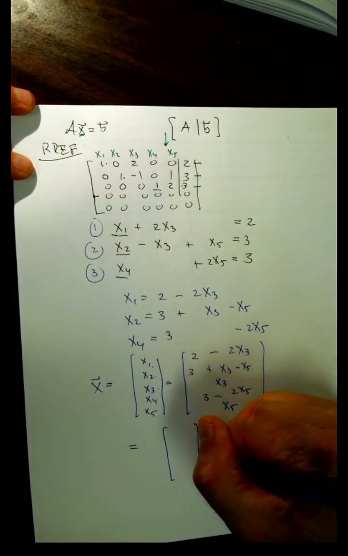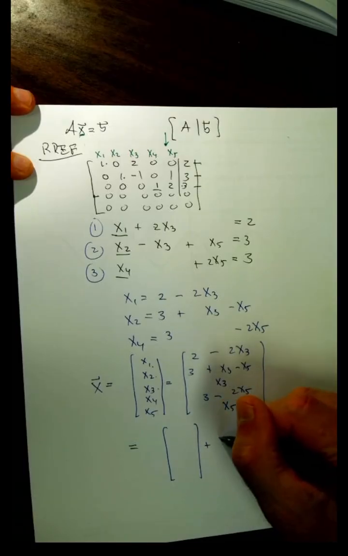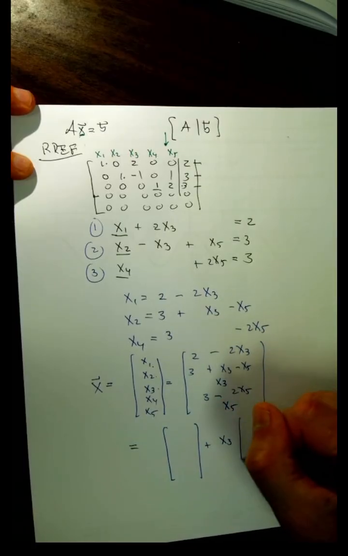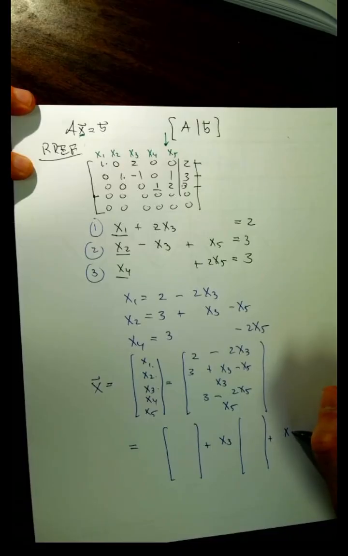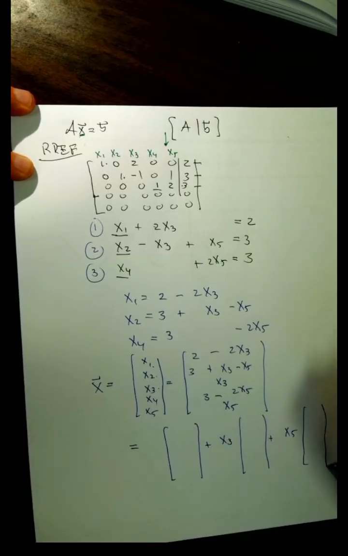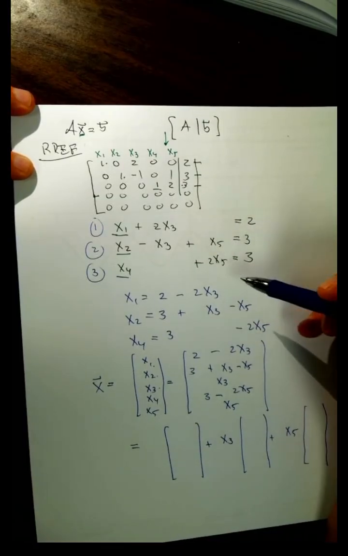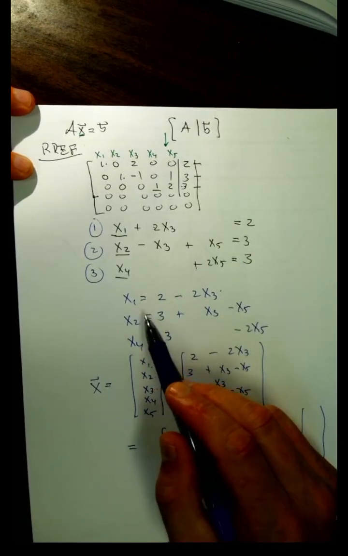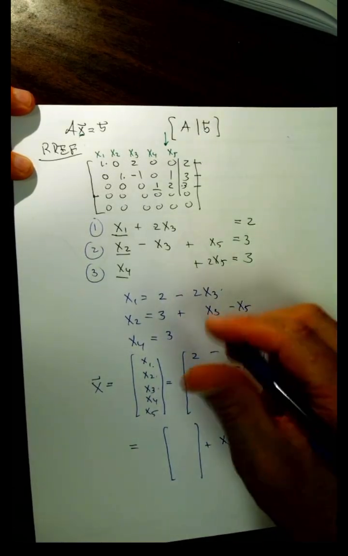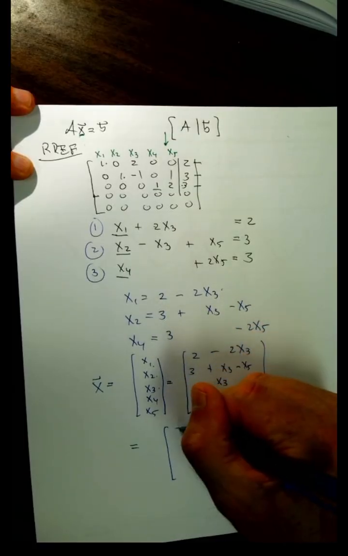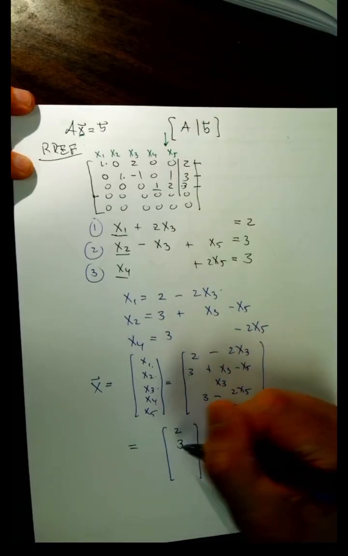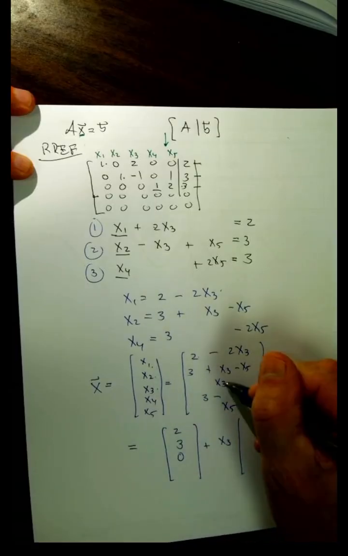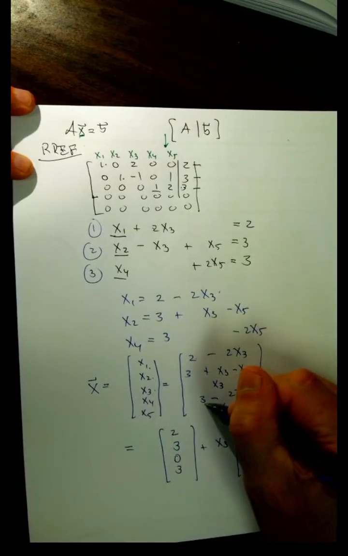So this means that x depends on x3 and x5. So if you give me any values for x3 and x5, that automatically determines what x1, x2, and x4 have to be. And that's going to be, so there's going to be a 2 in the first row, 3 in the second row, 0 here, 3 from here, and a 0.